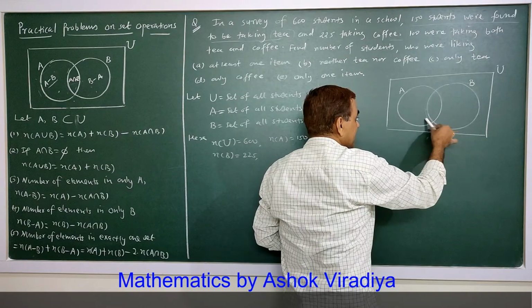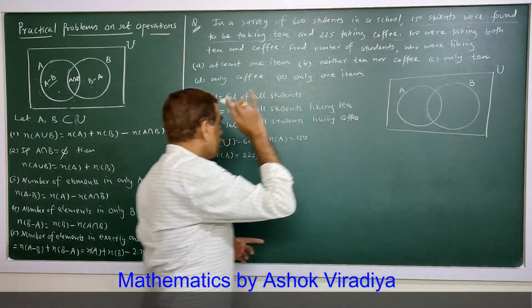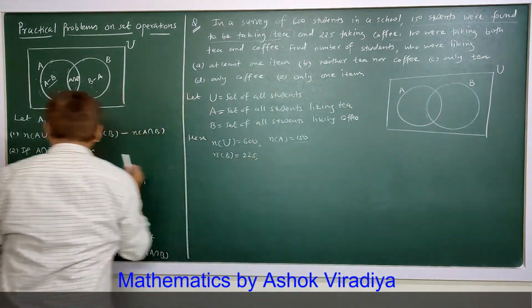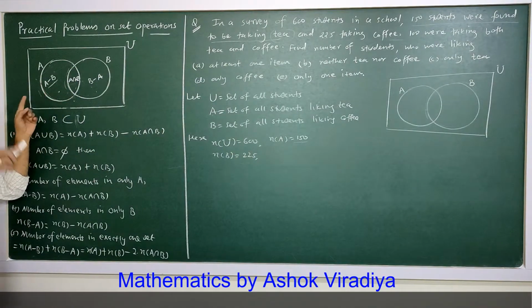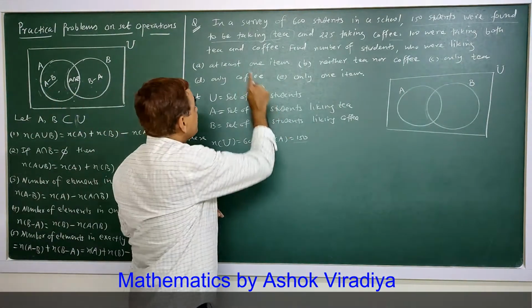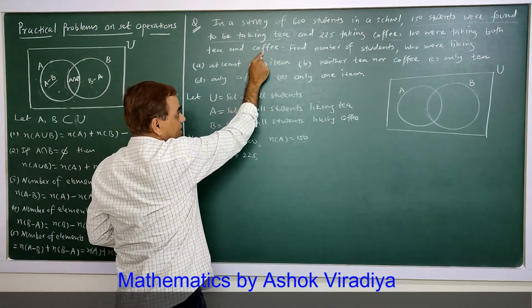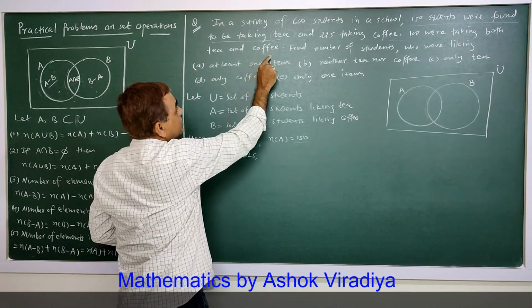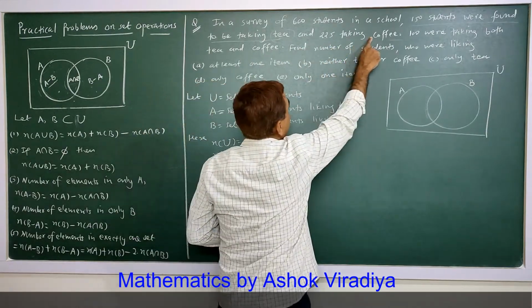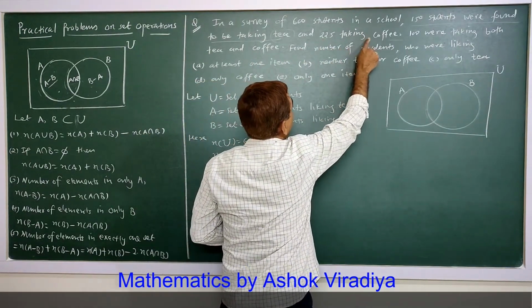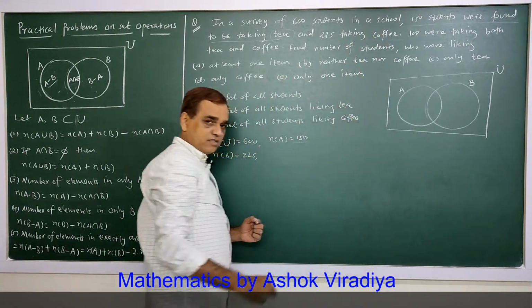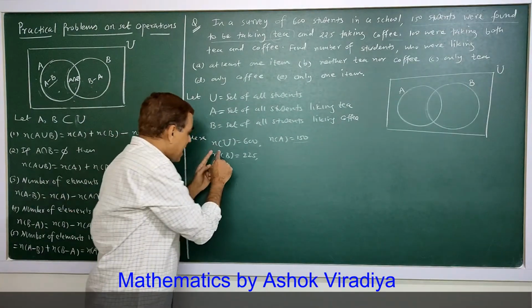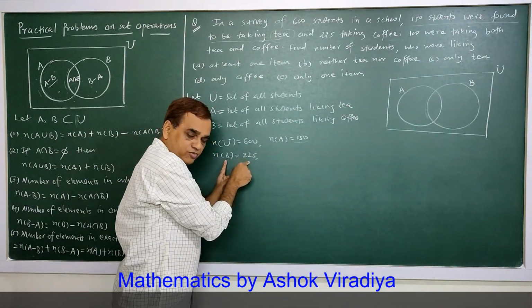This is only tea, so in that case 150 would be the value of the number of elements in A minus B, not the number of elements in A. Similarly, if it were given that 225 are taking only coffee, that means N of B is not 225.